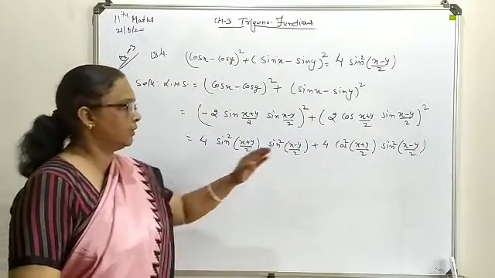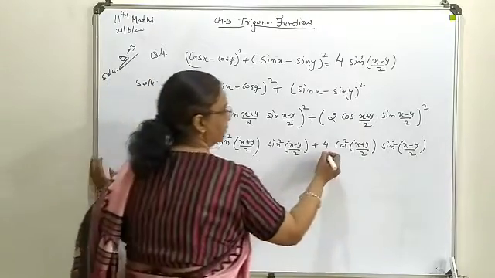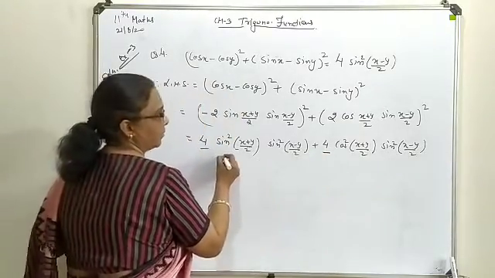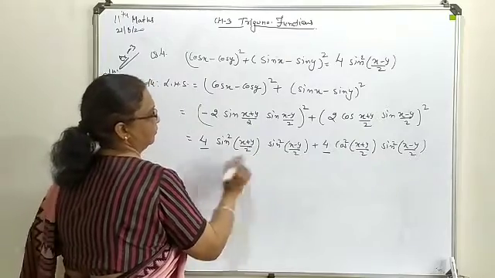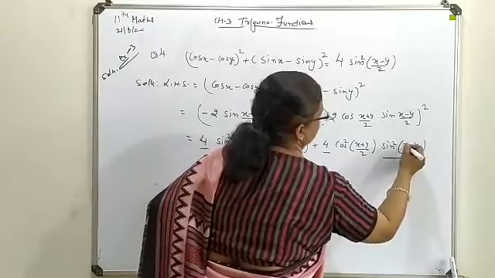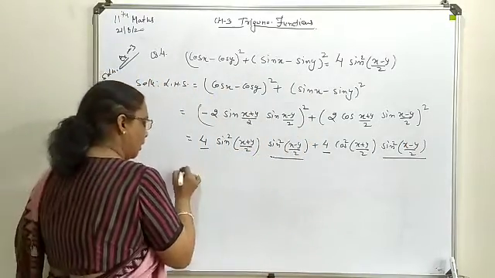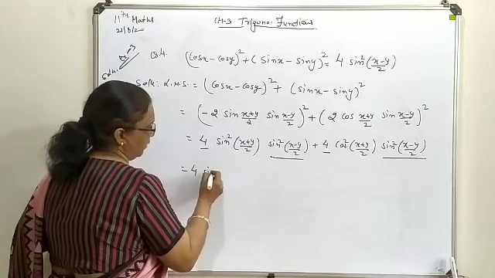If you look at these two combinations carefully, you will find 4 and sin square (x minus y by 2) are common in these two combinations. So take your common term outside.